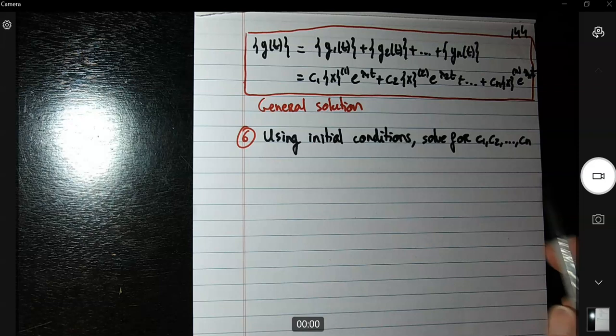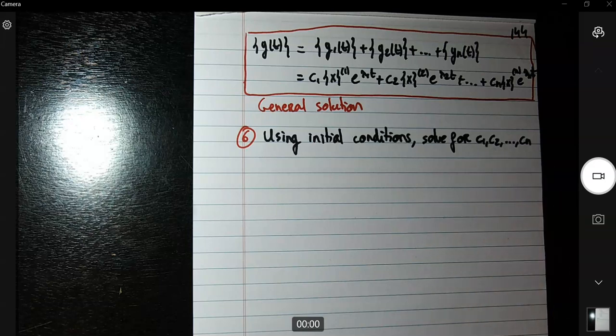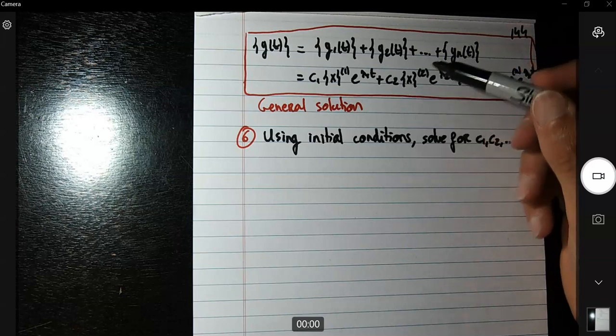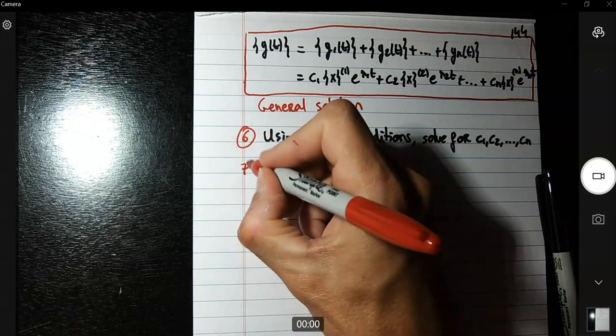Okay, and once you have C1, C2, C3, C4 up to Cn, you can just go back to the general solution and substitute. So really that should be the last step.